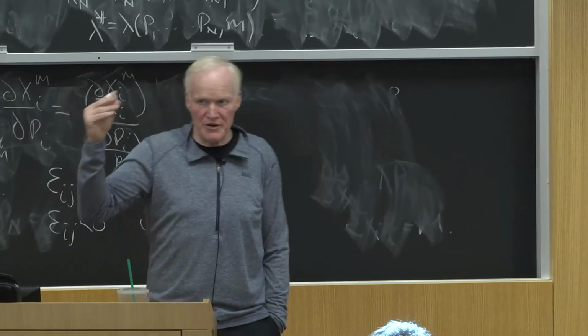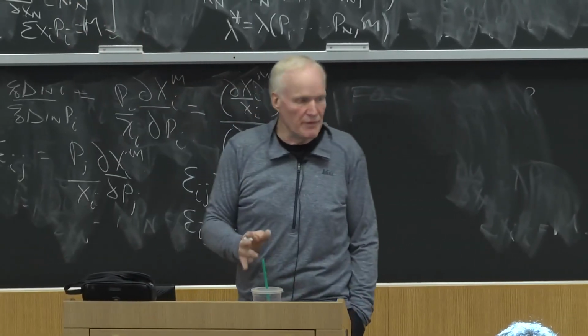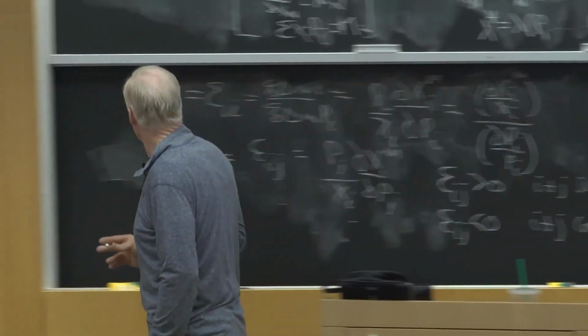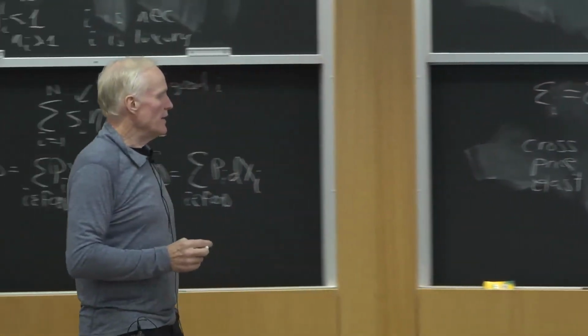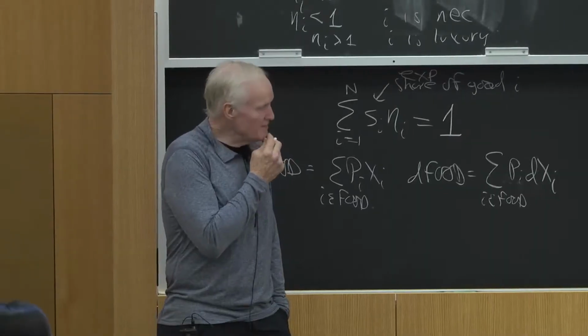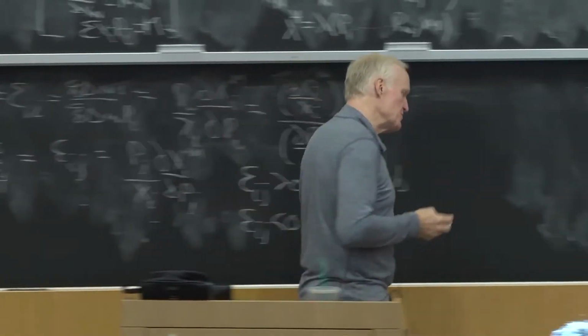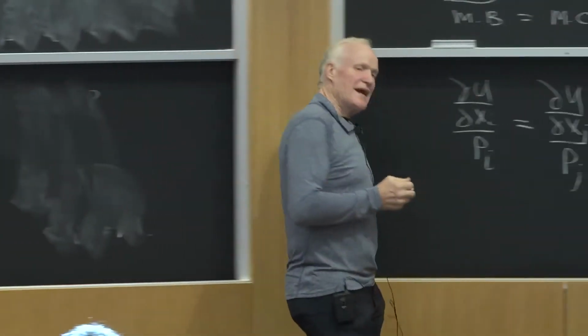You can come up with weird examples where they kind of go down and go back up again, but we won't bother ourselves with those examples. Okay. All right. Let's talk a little about complements and substitutes, because complements and substitutes can be complicated.